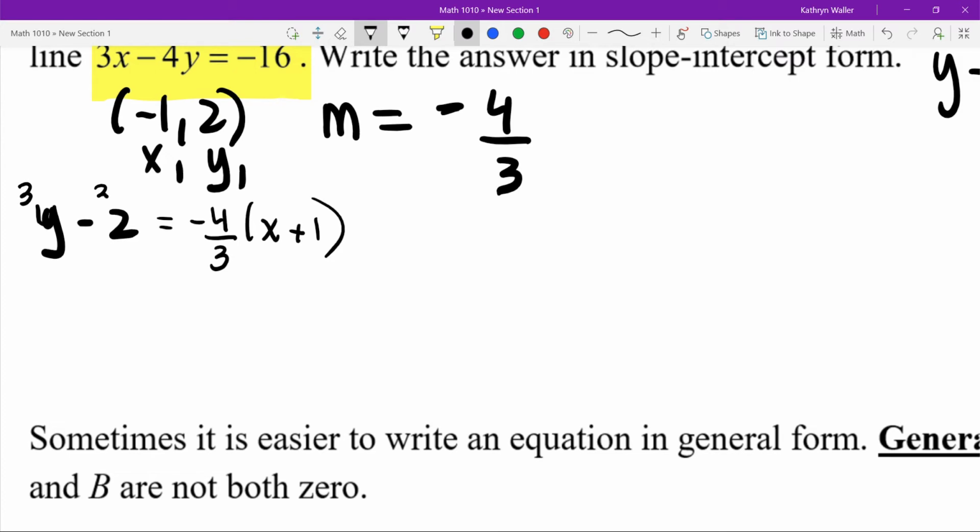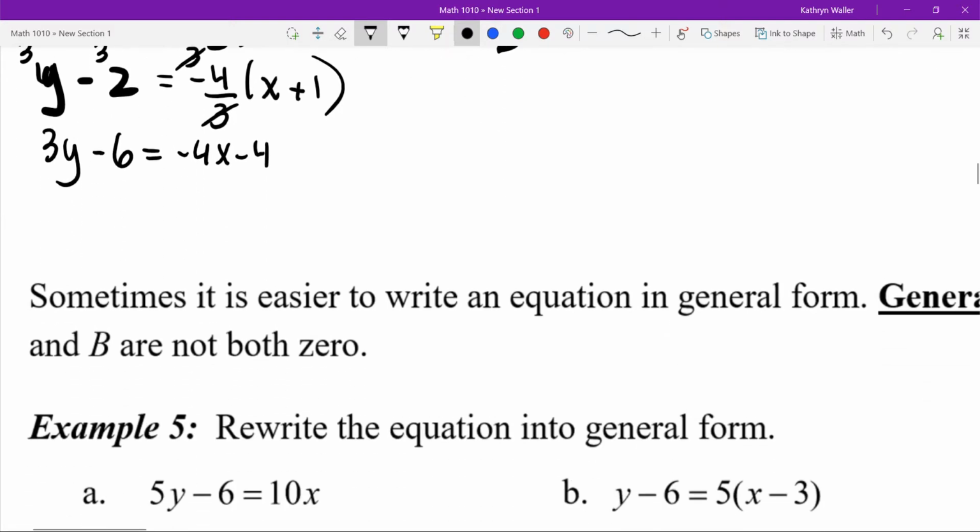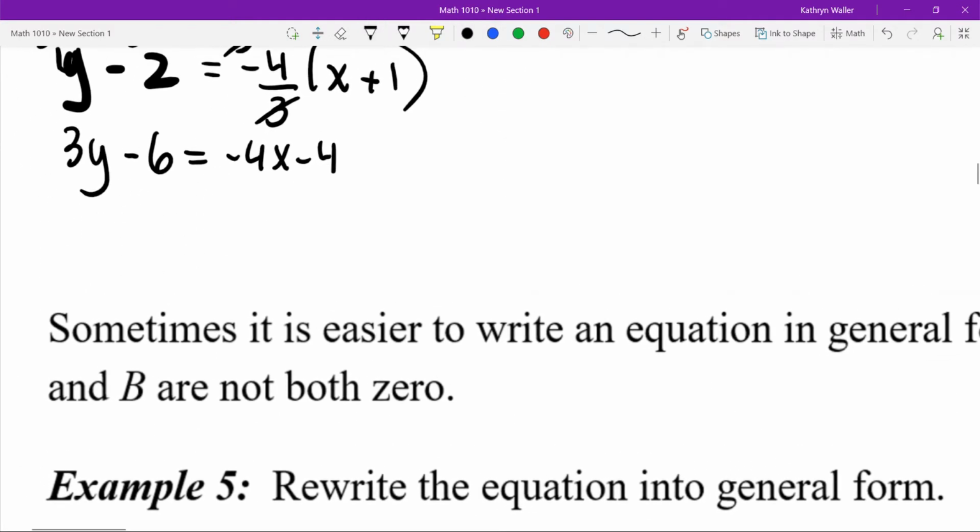Here, here, and here. So now I have 3y minus 6 equals. This 3 cancels with that 3. Distribute the -4, and you get -4x minus 4. Slope-intercept form means solve it for y. So now I have 3y equals -4x. The 6 comes over and becomes a positive, so that leaves me a +2.